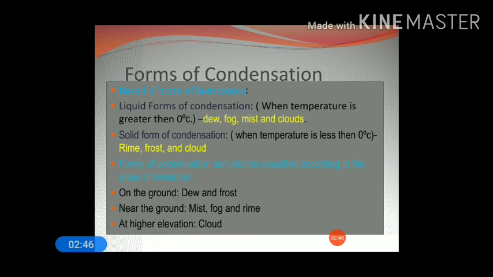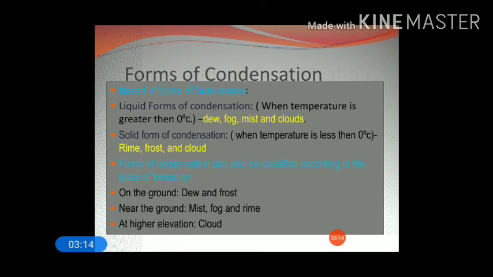When the temperature is greater than 0 degrees Celsius, the forms of condensation can be dew, fog, mist and cloud. For the solid form of condensation, when the temperature is less than 0 degrees Celsius, it will be in the form of rime, frost and cloud. Although cloud comes in both categories, because some clouds are formed by ice crystals as well.